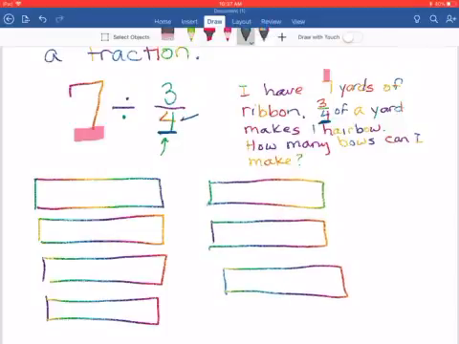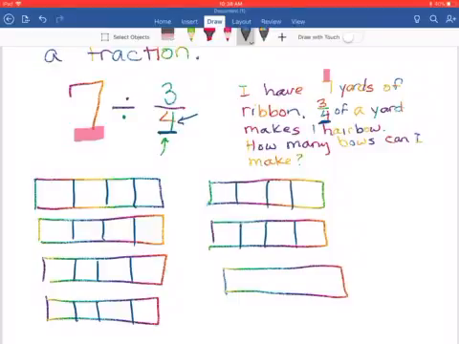And again, we're still cutting them into 4 equal-sized pieces. 1, 2, 3, 1, 2, 3, 1, 2, 3. Now, here's where it's different.